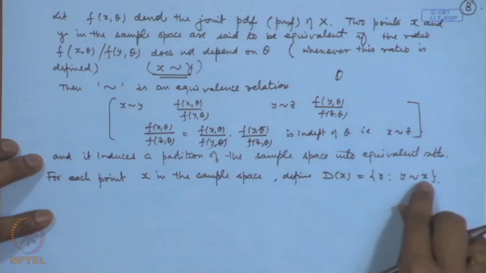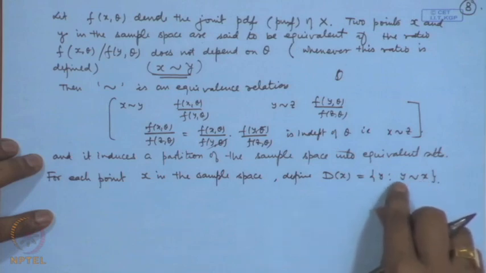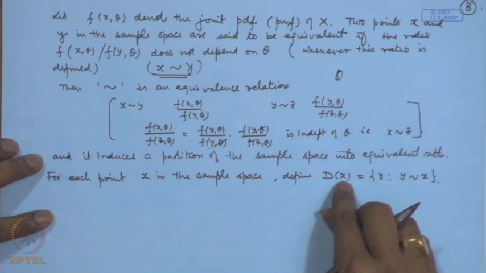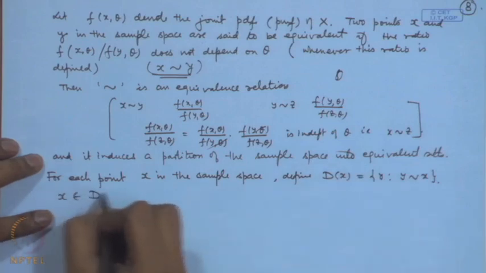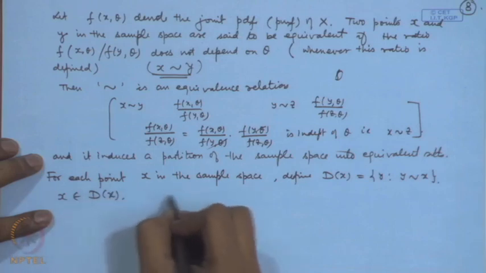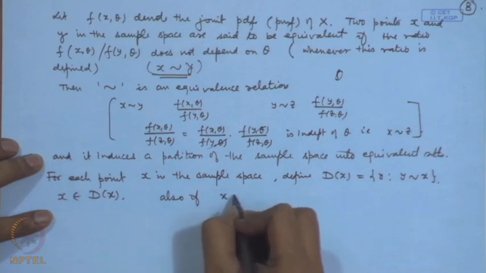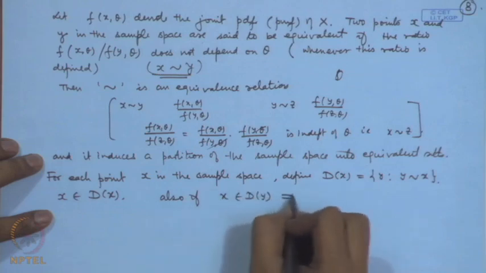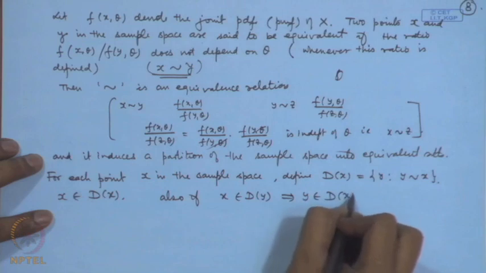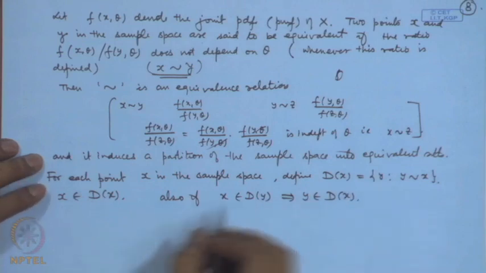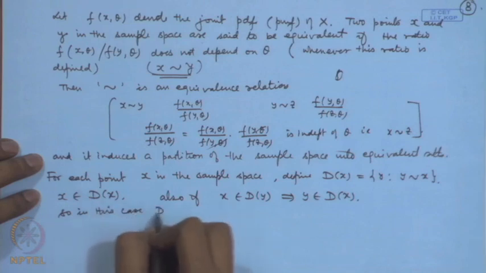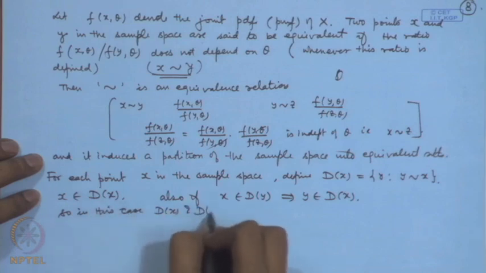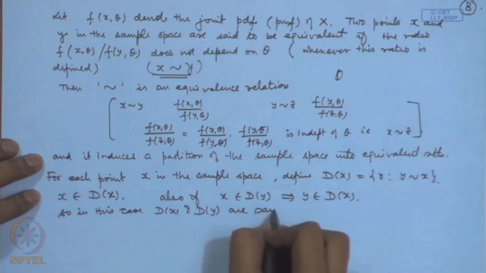That is, for every point, whatever be the equivalent points, I will put them in the set Dx. Then x belongs to Dx, and also if x belongs to Dy, then y will belong to Dx. So, in this case Dx and Dy are the same.